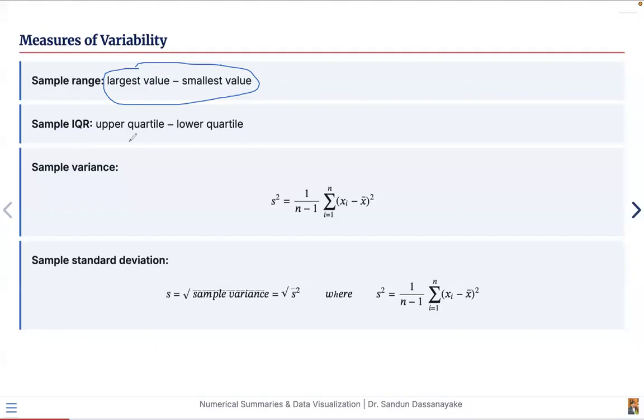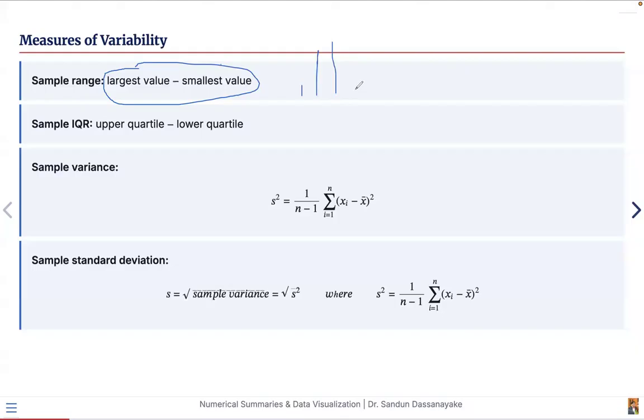As I said, this particular lecture is about introducing you to some concepts in statistics, some ideas about quantitative statistics. So the sample IQR is the difference between the upper quartile and the lower quartile. So what is a quartile? Remember the median. In the case of the median, I will refer to the 5 numbers that we discussed.